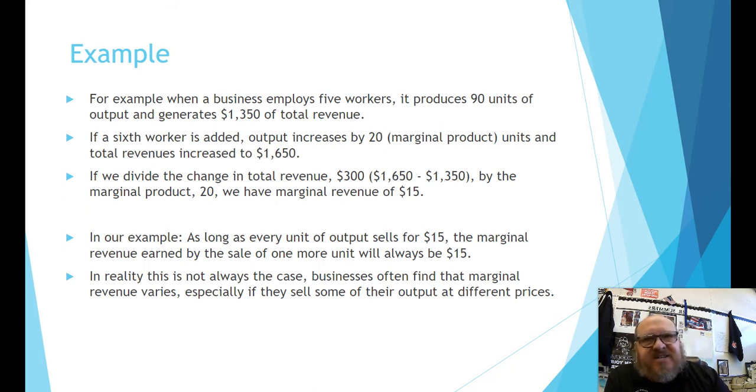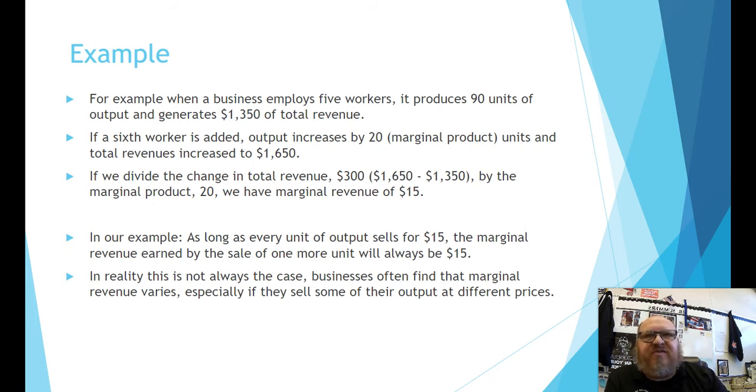If they hire a 6th worker, their output increases by 20. It doesn't increase to 20, it increases by 20. So 20 is our marginal product. Our total revenue is $1,650 now.